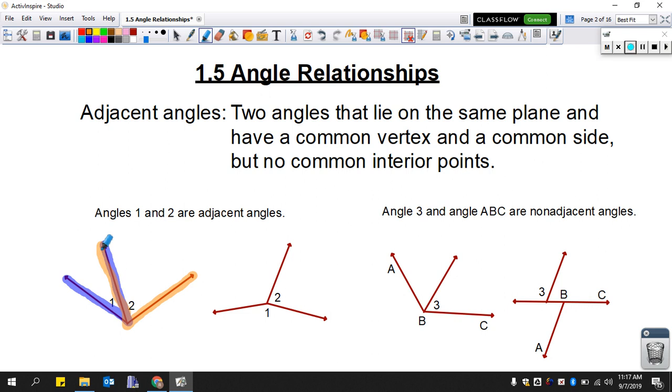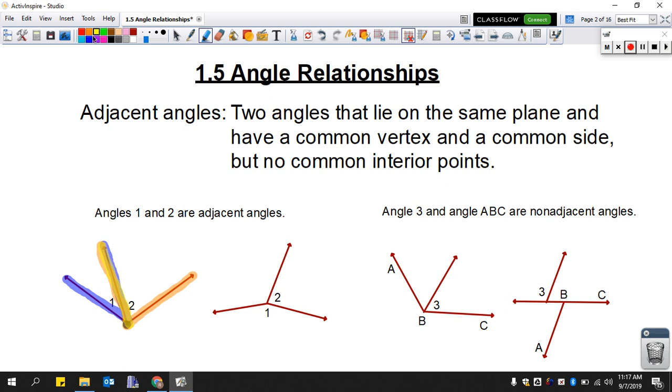And so we can see that they have a common vertex right here and a common side right here, but they don't have any other points on the interior of either one of those angles.